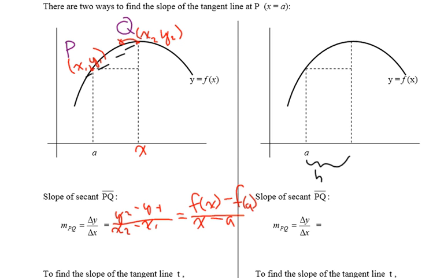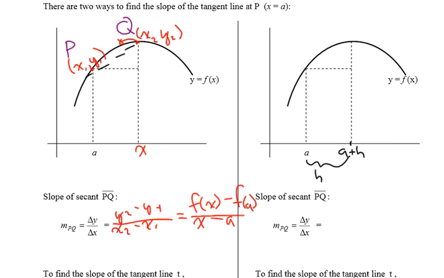So what would this point be then? What would we call this x value? A plus h. Good. And what would be our corresponding y value here? F of a.